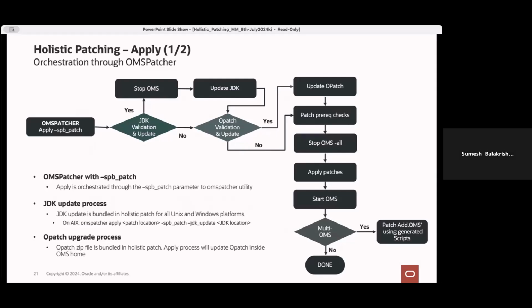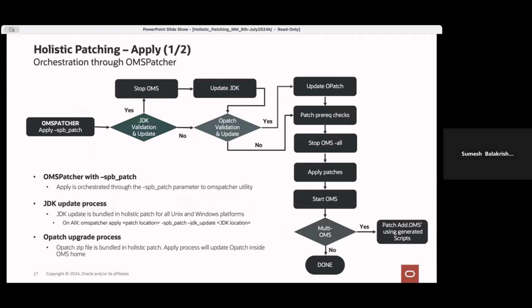So underneath, we are using the OPatch, and we have to make sure the OPatch is of the required version that is expected by the CPU for a given CPU patch. That's why after the JDK update is done, we check whether the OPatch inside the OMS home is of the correct version or not, in order for us to proceed with OPatch and apply.